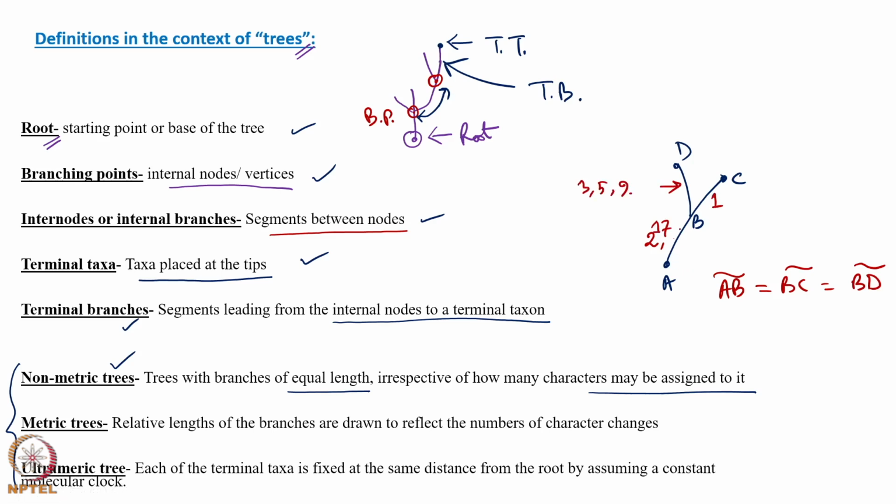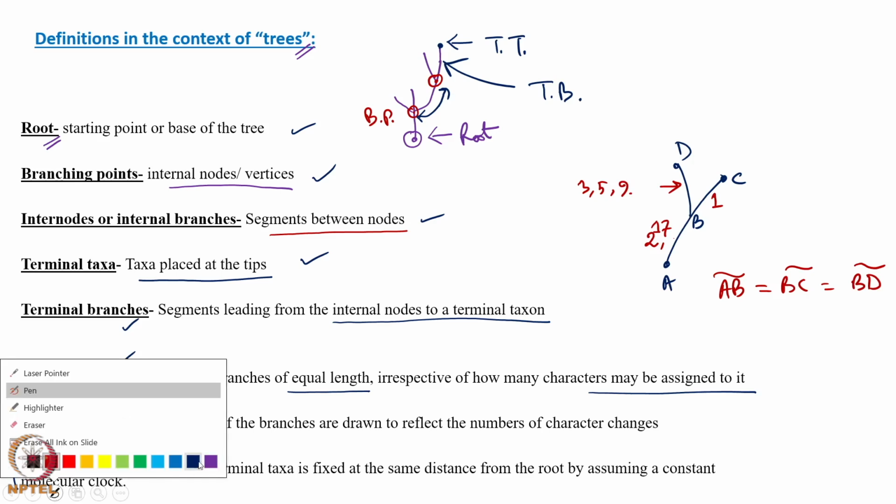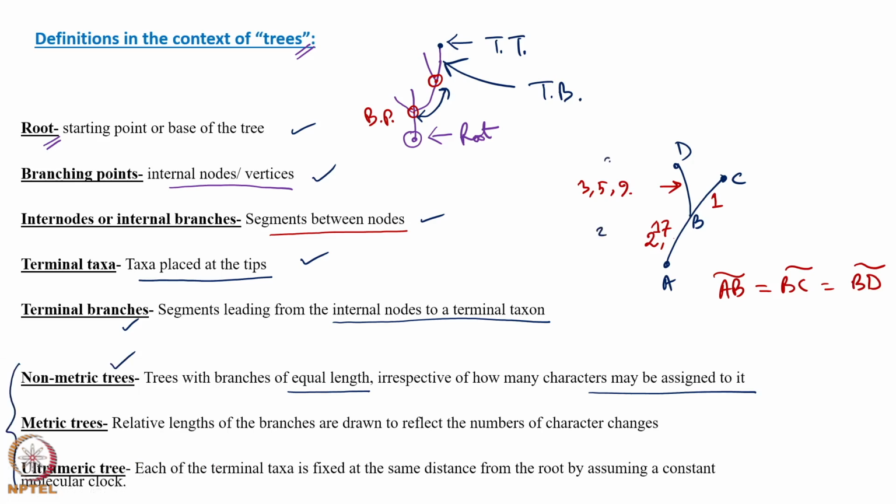So, although different numbers of characters have come, here the number is 2, here the number is 3 and here the number is 1, nevertheless the branches are of equal length. Such trees are called non-metric trees.